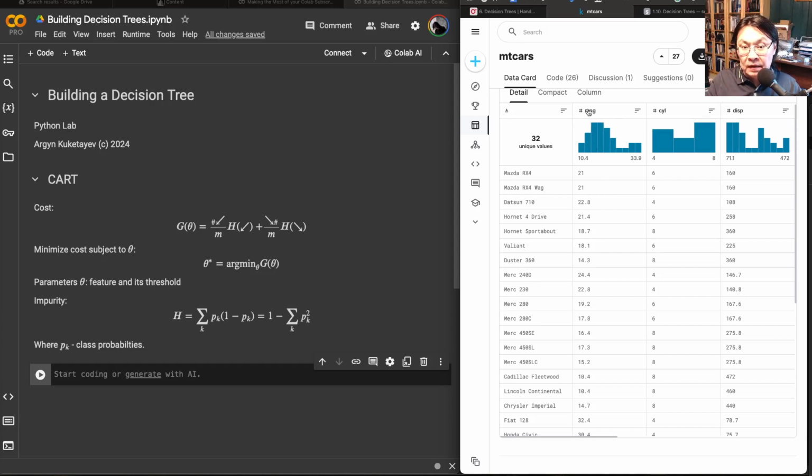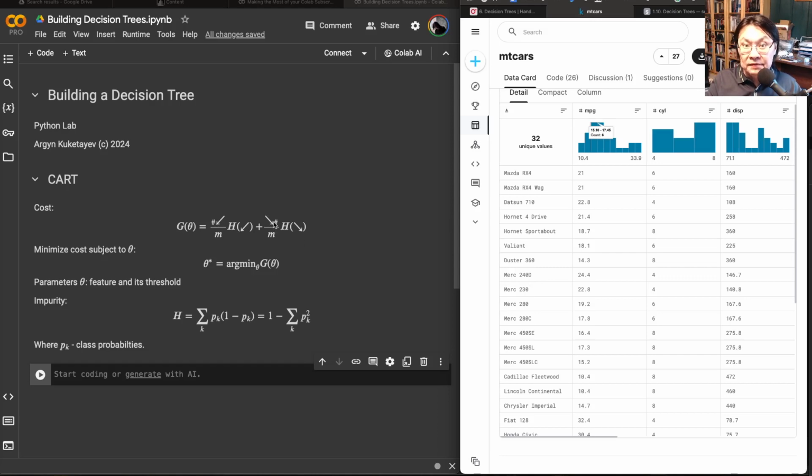For MPG lesser than 22, like Mazda RX4 and RX4 Wag, they will go into the left side of the tree. And whenever it's greater than 22, like 22.8, for instance, or 24.4, which is Mercedes 240D, these will go to the right-hand side, right? So that's why we have left and right.